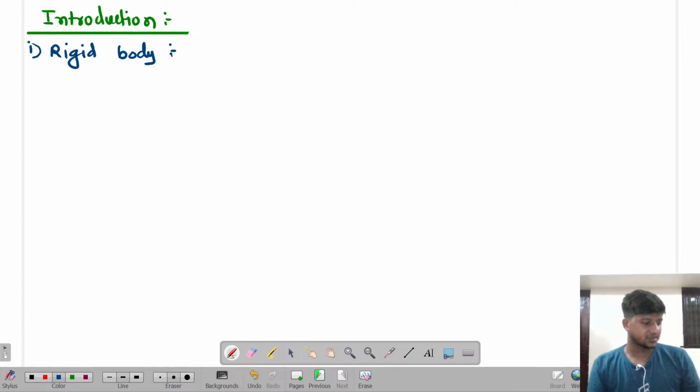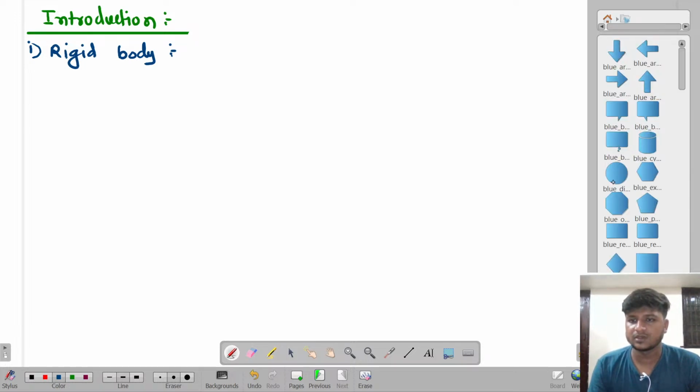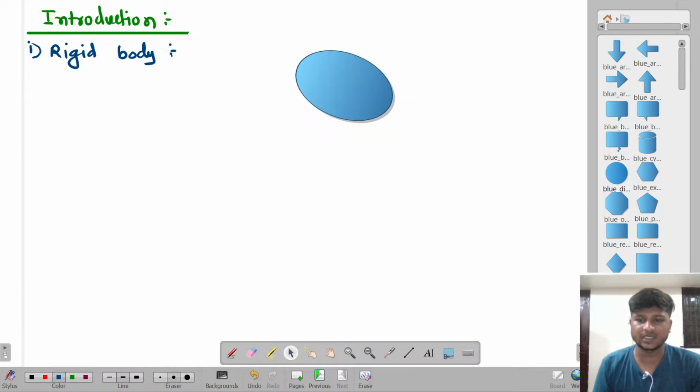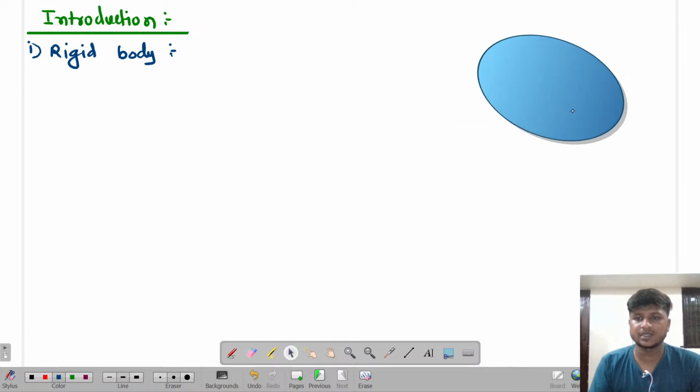Let's suppose I took a disk, arranged like this. Now you can see that on this disk there are many points. I selected some random points, let's suppose point A and point B.